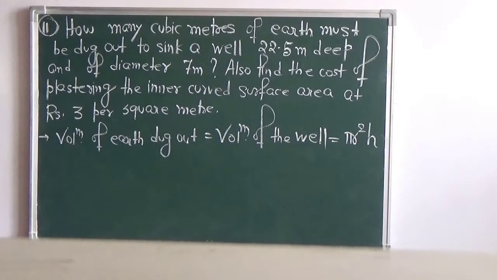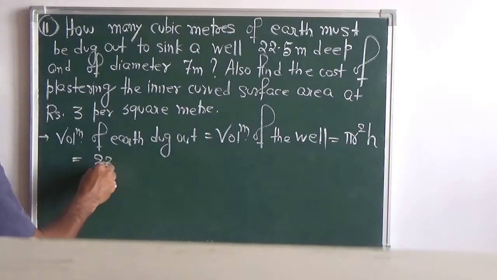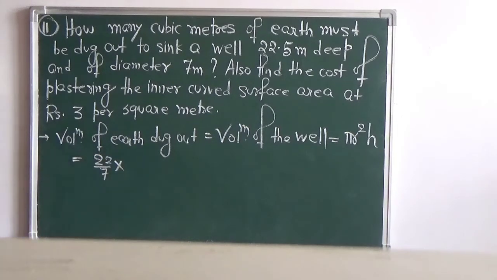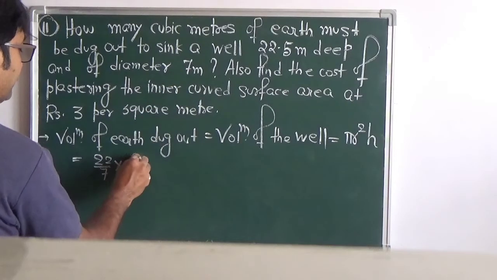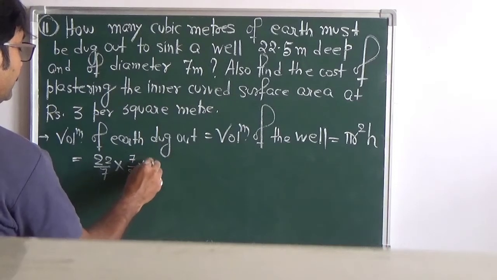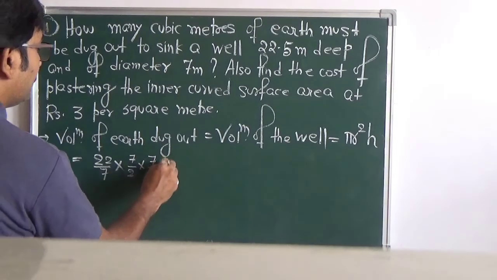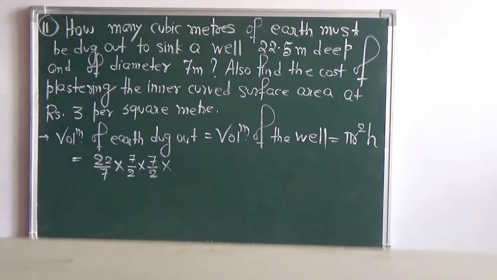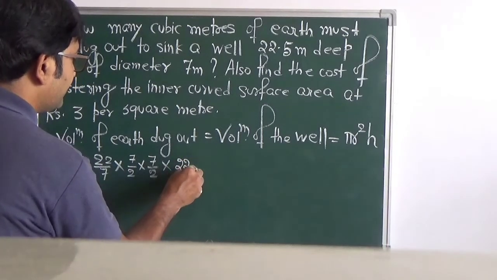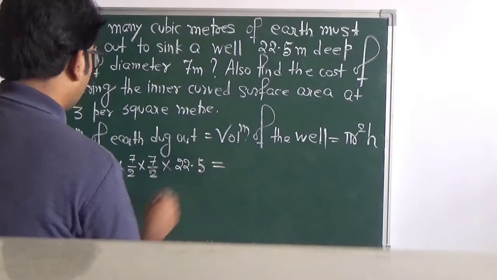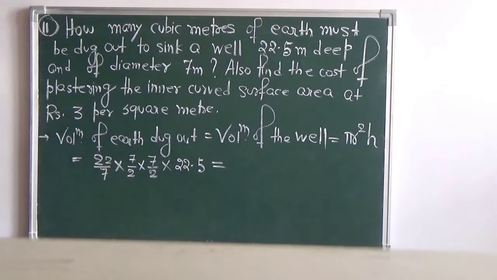So now you can write this equals pi is 22 by 7. What is the radius given? Diameter 7 meters. So it is 7 by 2 into 7 by 2. And what is the depth given? 22.5 meters. So how much is coming? 7 and 7 will cancel.